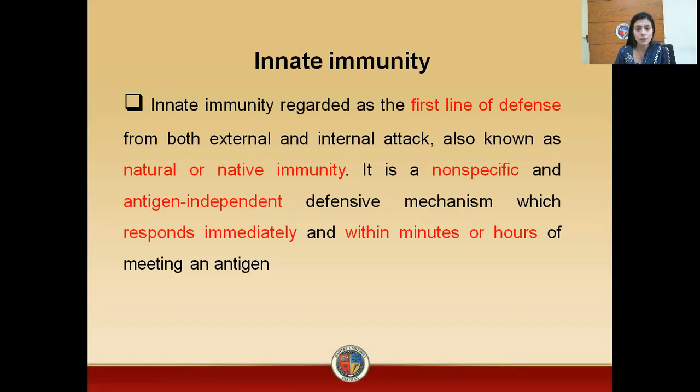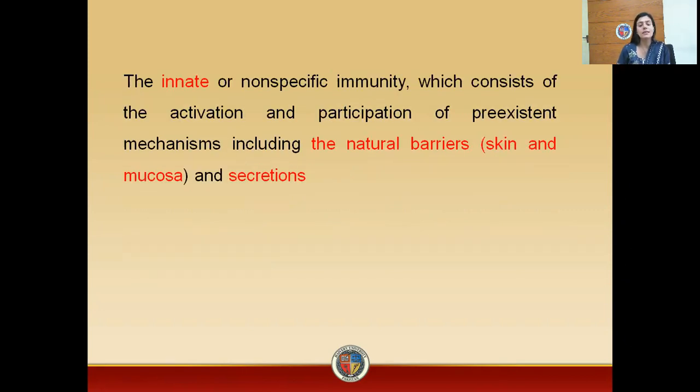This is the defense mechanism which responds immediately, because it's our first line of defense, within minutes or hours of meeting an antigen. This innate immunity has different features. These features are the natural barriers like your skin and the mucosa.